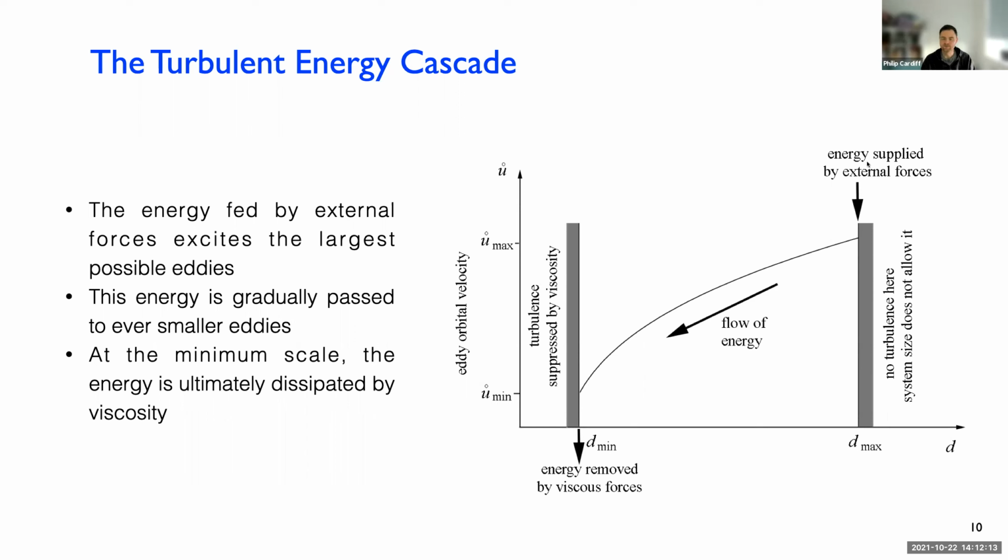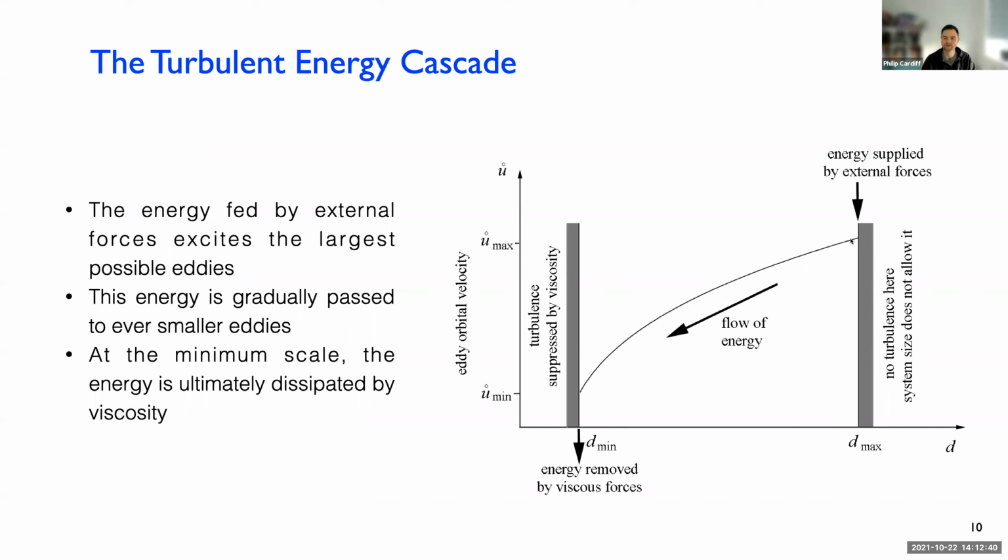At this point here, the max, where the eddies are largest, that's where the energy is supplied from, like the airplane or whatever the flow conditions are. It's not possible to make any larger vortices because that D-max is just set by the geometry: the largest vortex that can be generated by the geometry, or that can fit inside the geometry if it's internal flow. So you won't get any vortices to the right.